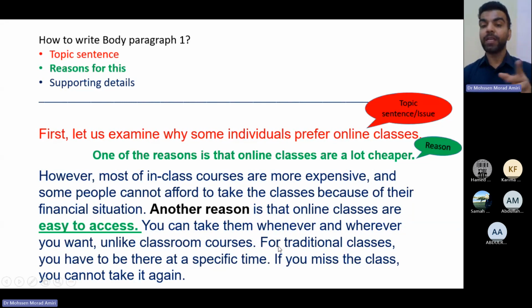But in contrast to traditional classes, see here, now I am contrasting. In contrast to traditional classes, you have to be there at a specific time. If you miss the class, you cannot take it again. Sure.